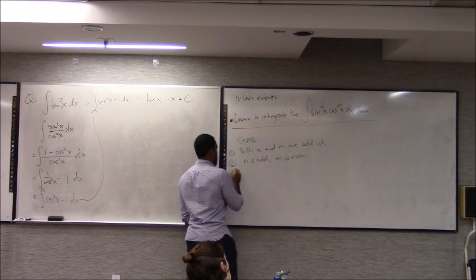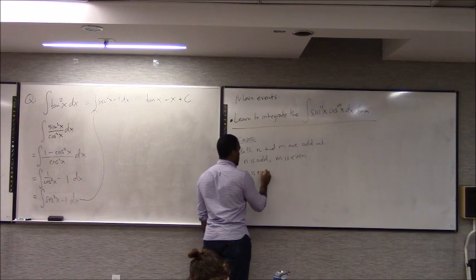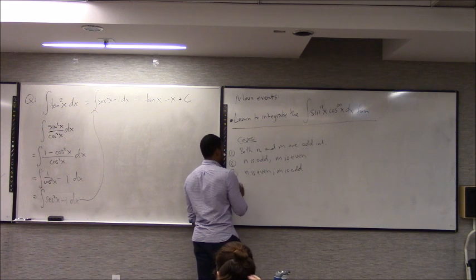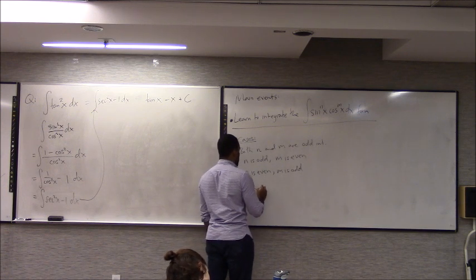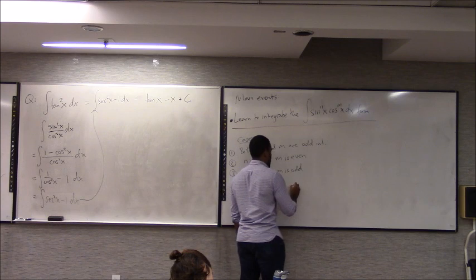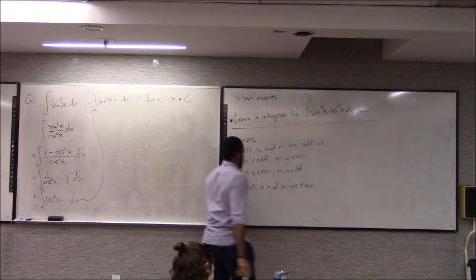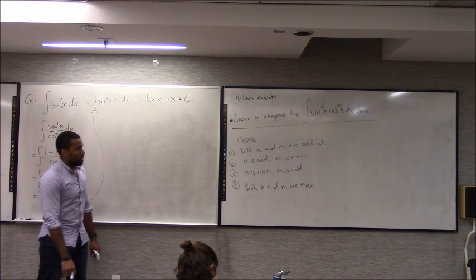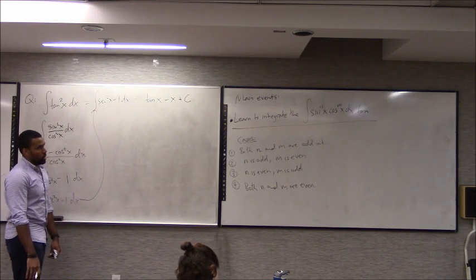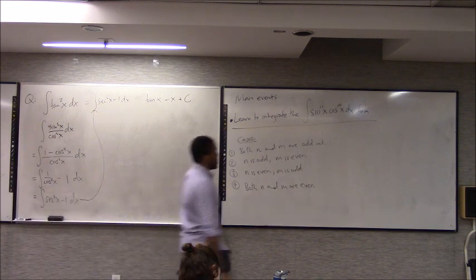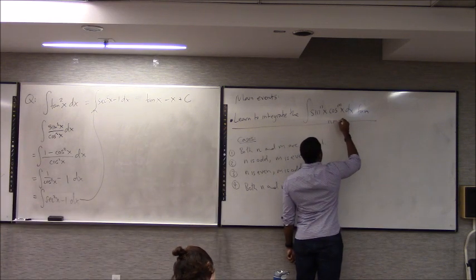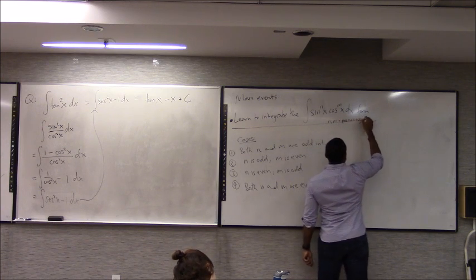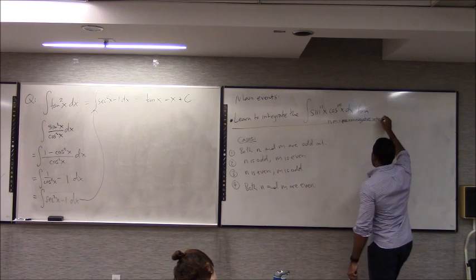We can have n even, m odd, or we can have both even. Now cases 2 and 3 are very similar, but cases 1 and 4, they are different. We're going to learn to deal with them. So here we're assuming that n, m are positive, or at least non-negative integers.